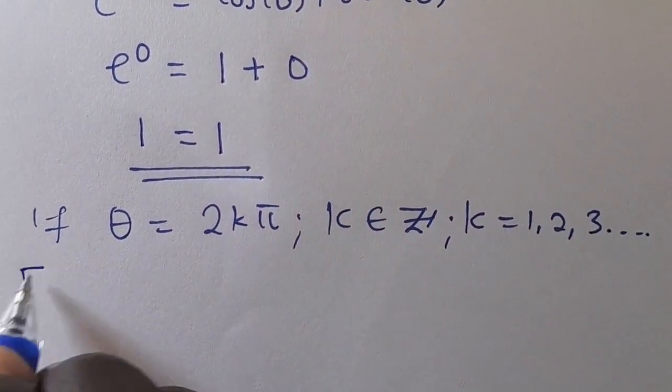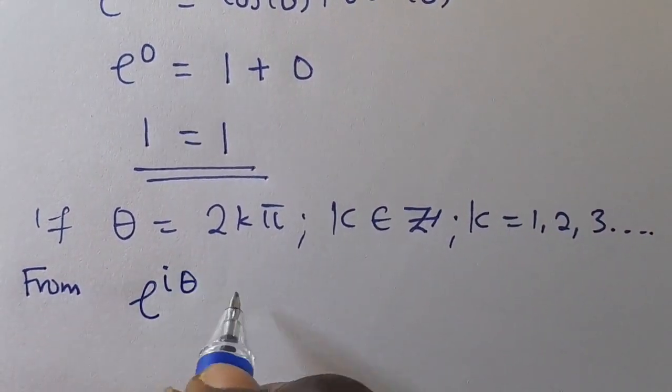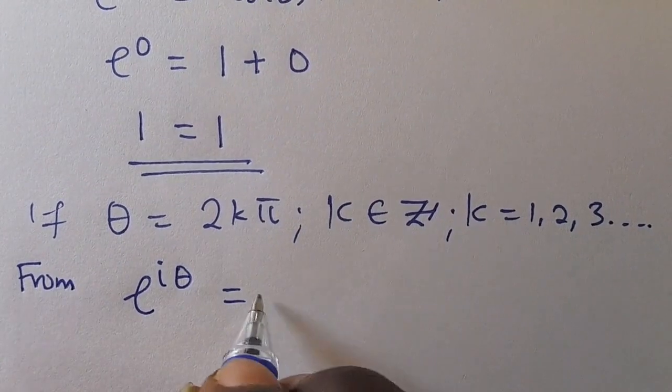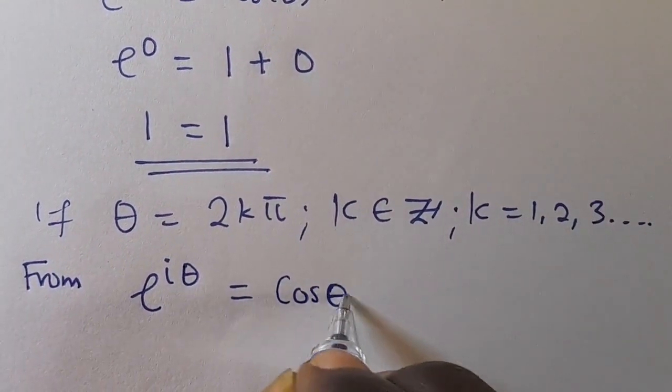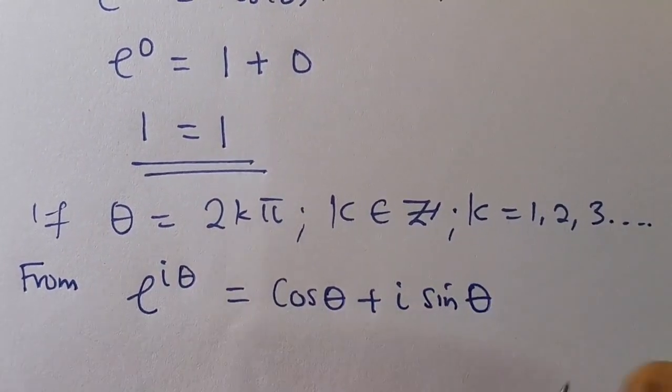We recall from Euler's formula that e to the power of i theta equals cos theta plus i sin theta.